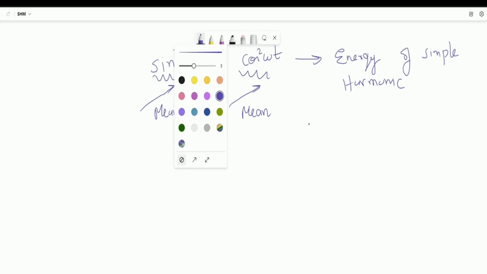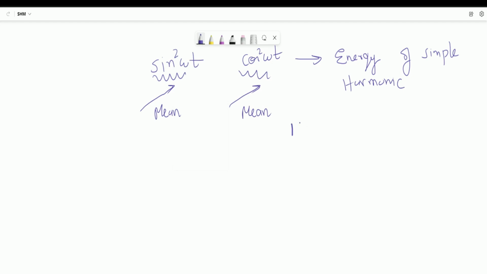Just a quick word on the expression of energy. The energy of a simple harmonic motion has two parts: kinetic energy and potential energy, right? The kinetic energy is given by half mv square, whereas the potential energy is given by half kx square.